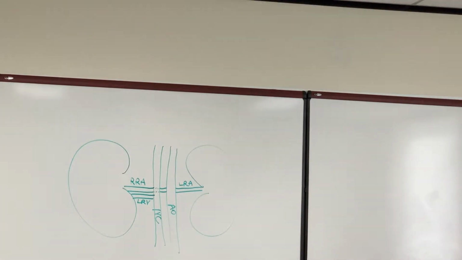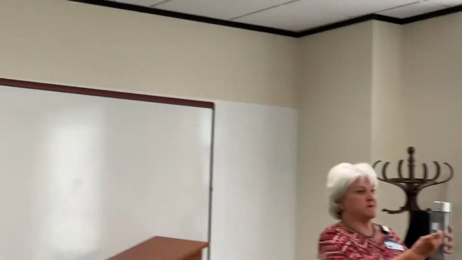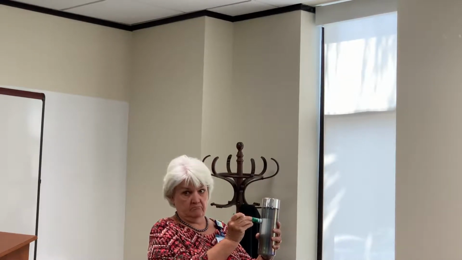Here's my kidney. Here is my renal artery. It's going to be posterior and superior to the renal vein. Posterior and superior to the renal vein.